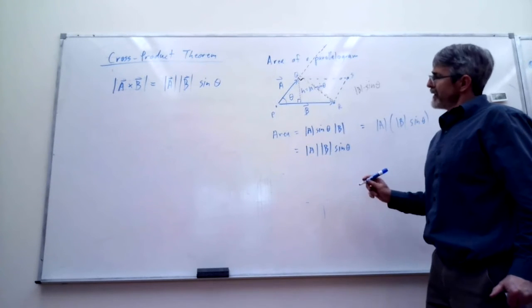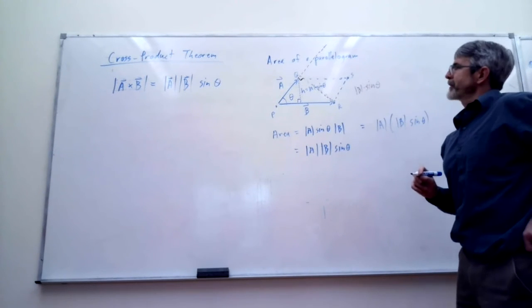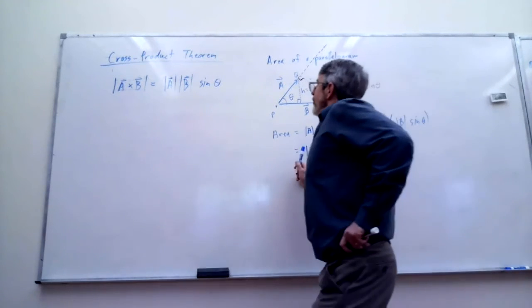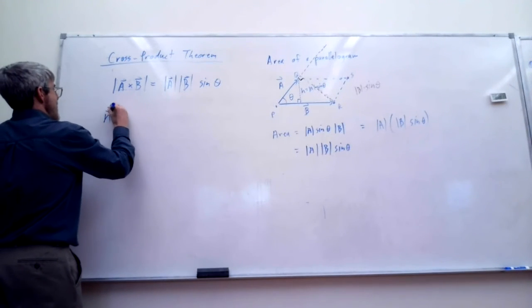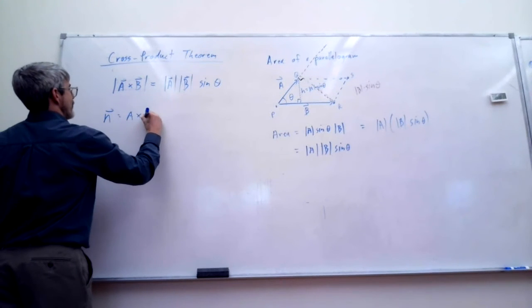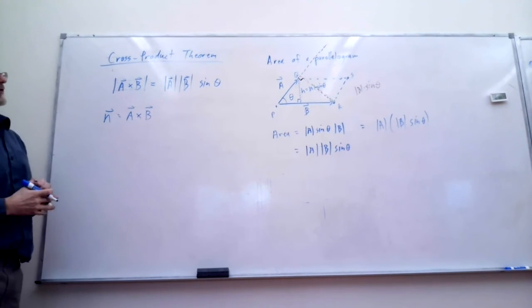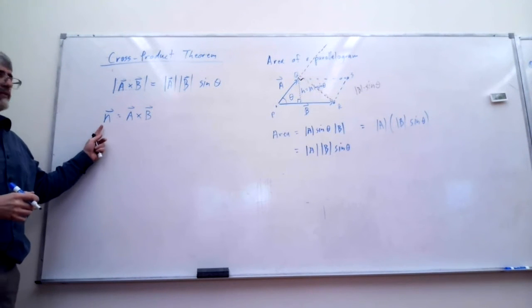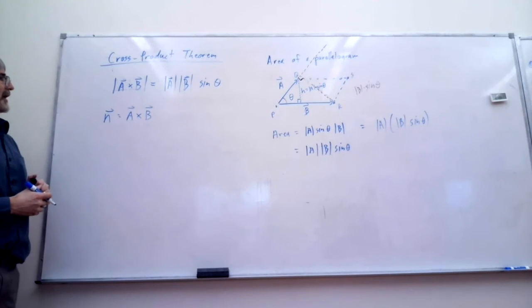Okay. Now coming back over to the cross product theorem, we know that N is A cross B. Look at this with other vector names. We called this C, but we just talked about how this is the vector that is normal to the parallelogram.